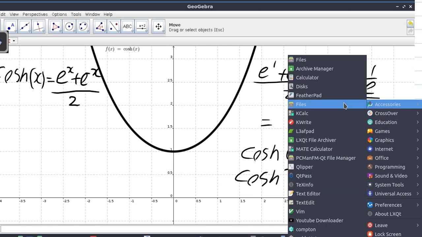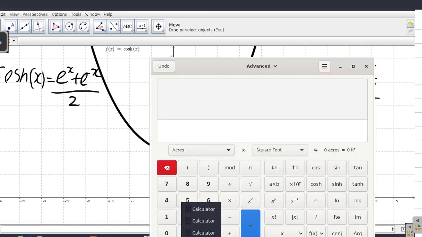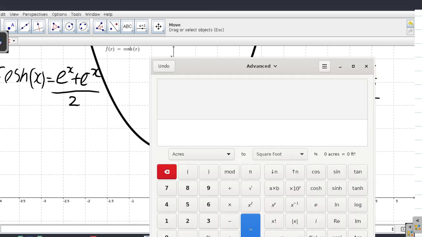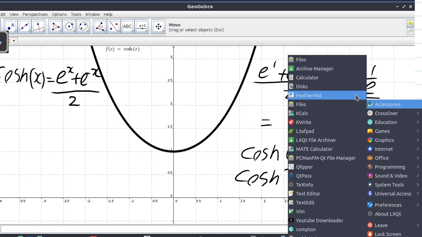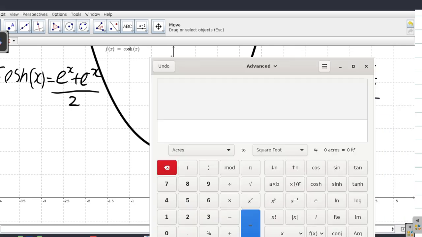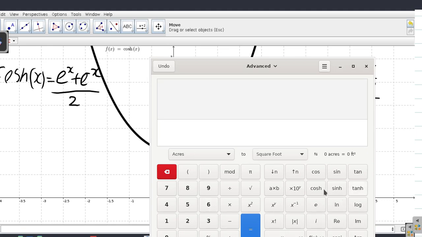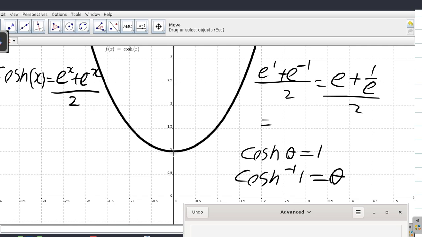Let us see what theta would be. What am I doing with so many calculators here? We want to find the cos inverse of 1. Cos inverse of 1 is equal to, alright, 0. Cos inverse of 1 is 0.